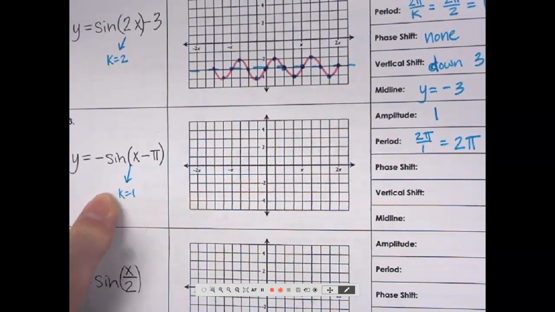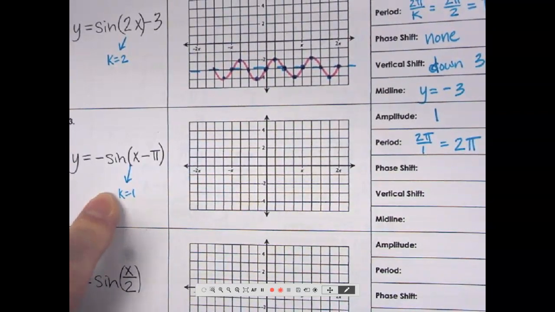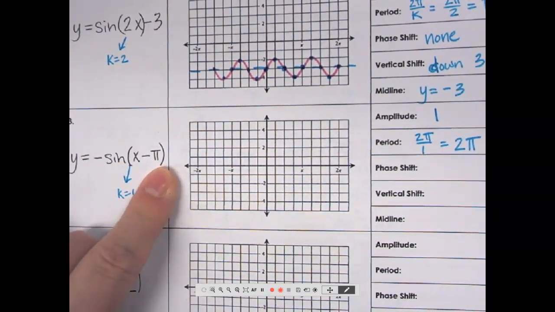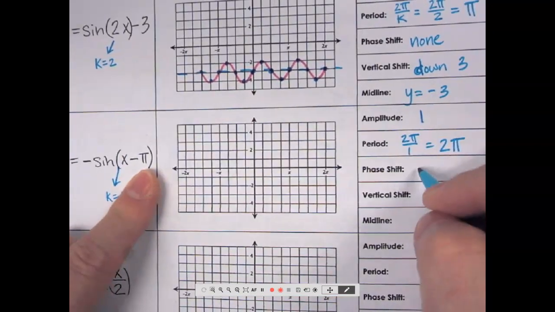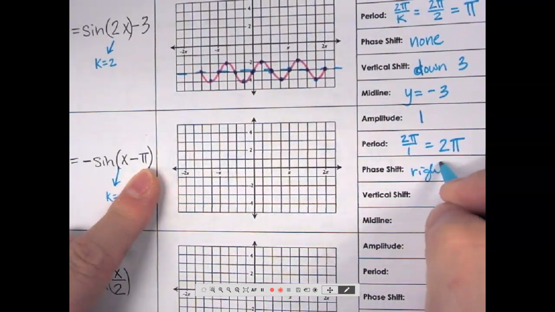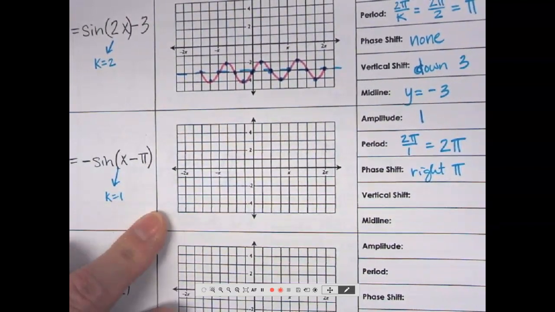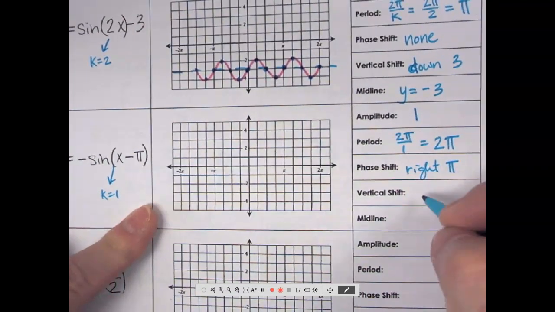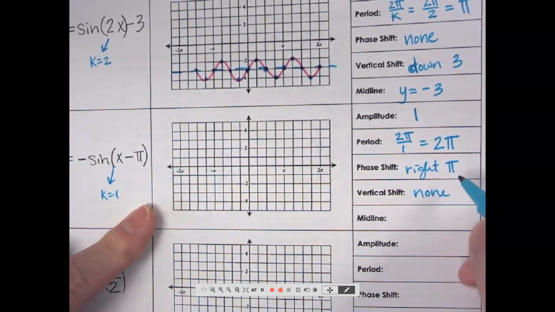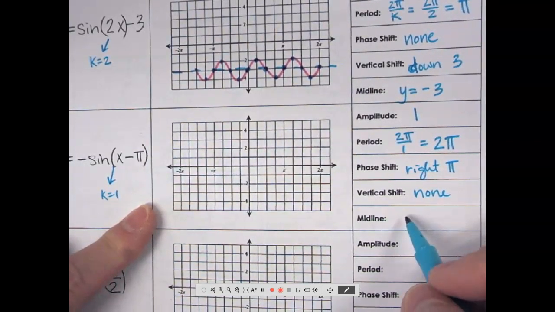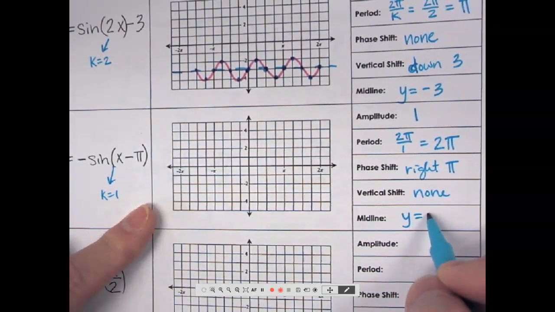Phase shift. Right pi. Because of that minus pi, everything's going right pi. Vertical shift, none. If there's no vertical shift, then where's our midline? Y equals 0 on the x-axis.